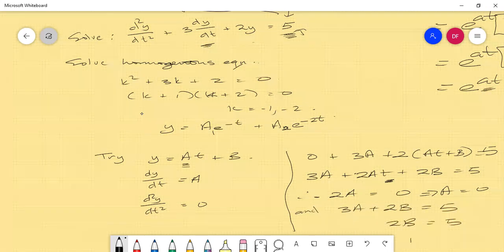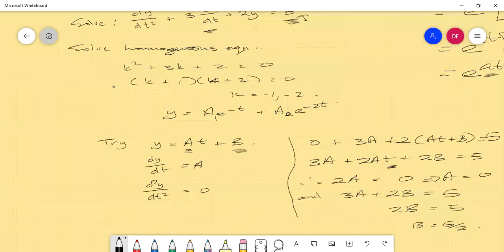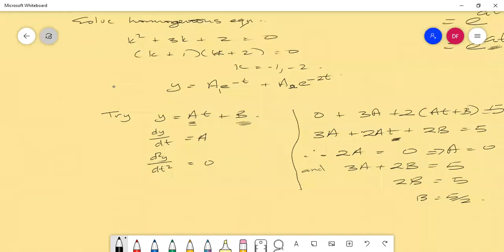So b is equal to 5 over 2. Like I tell you, the baby must look like the parent. So for my trial solution, y is going to be equal to 0t plus 5 over 2.